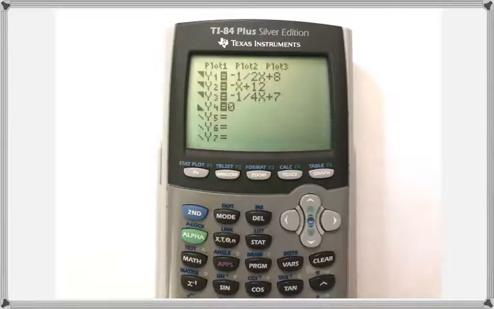Next, I'm ready to do the shadings. And I like to do the reverse in the shadings because I think it's easier to look at. So my first three inequalities were all less than or equal to. But because I'm doing the reverse, I want to pick the upper shading for these. And then for y is greater than or equal to 0, I'm going to choose the lower shading.